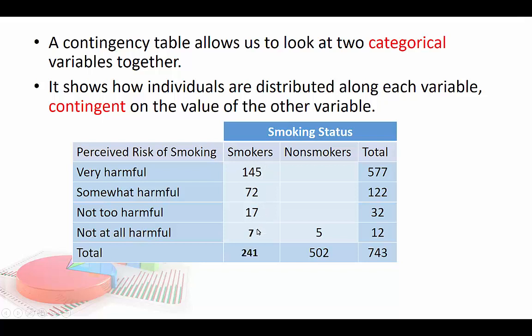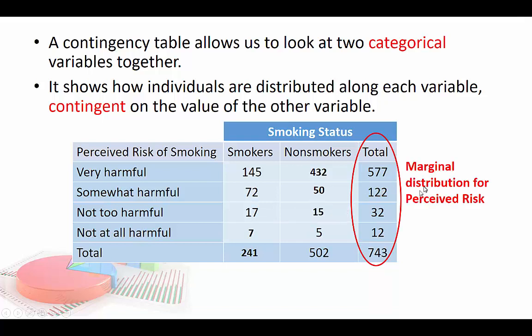One important thing is that these rows across should add up to the totals we had before. Columns should add up to the totals that we had for smoking status. So doing that, I can figure out what these other values are. Remember I mentioned before, you have a table that looks like this with the middle piece removed, and that's called the marginal distribution for perceived risk.